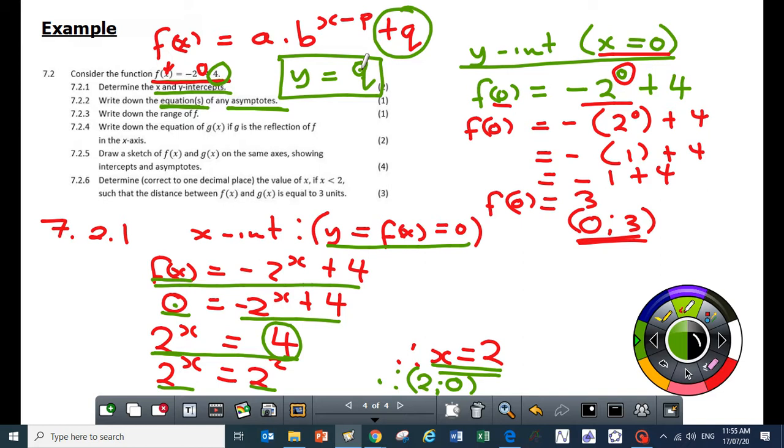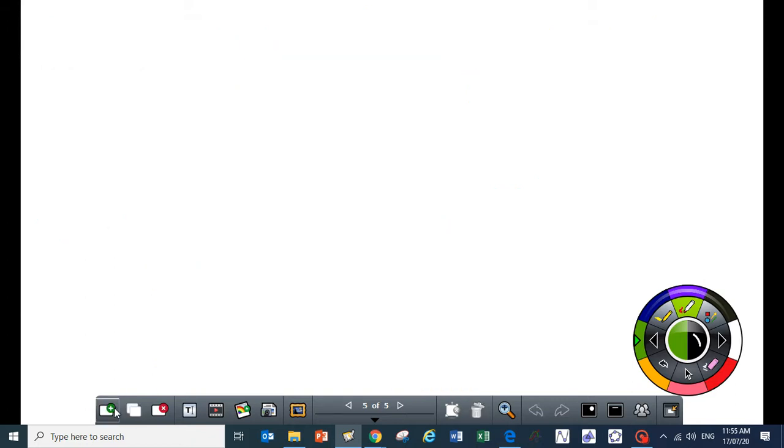You don't write asymptote equal to, no. Okay? So let's move on to the next page. So for 7.22, the equation of the asymptote is y equal to 4. That's the equation. Alright? Okay?